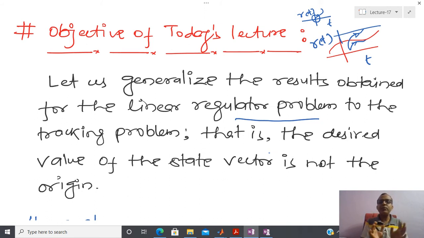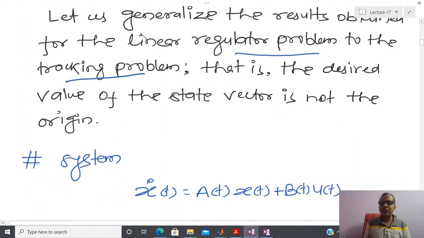Or in another, a little bit relaxed way, by designing some kind of proper control action, we want to maintain our system state in the close vicinity of the reference point. Both classes of problem are basically called a tracking problem. Now let us see how to solve this class of problem.